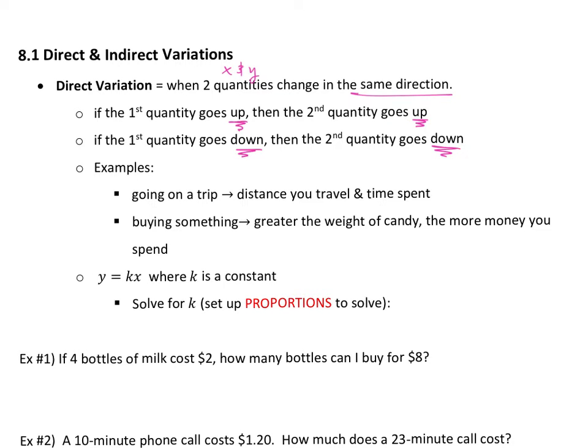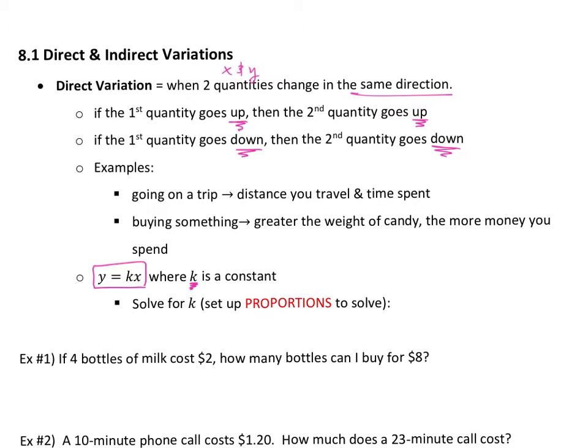And there's an equation for direct variation. It's y equals kx. And that k is always going to be a constant. So you can plug in any values of x and y, any point, essentially, if you think about it as a graph, any point that would make that equation true, where k is staying the same all of the time.